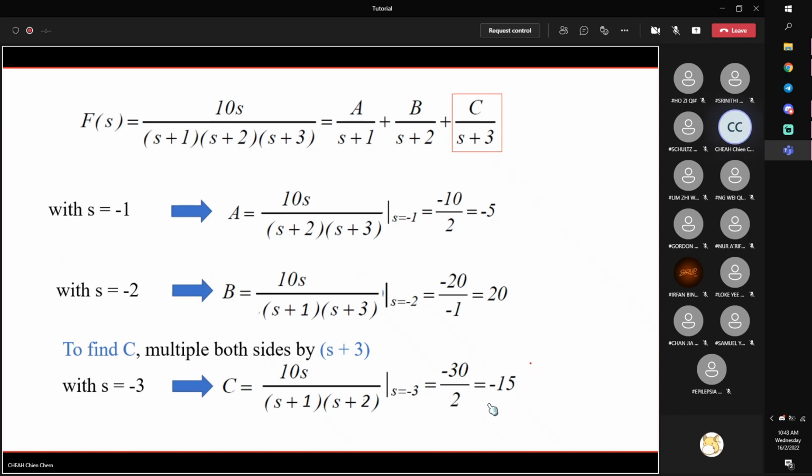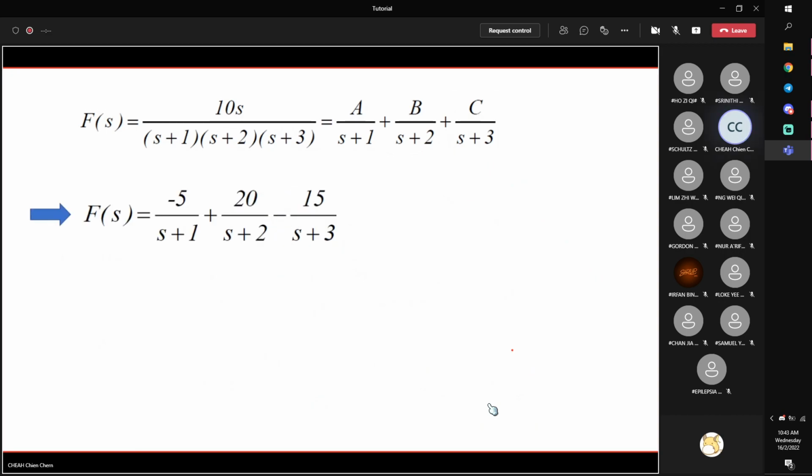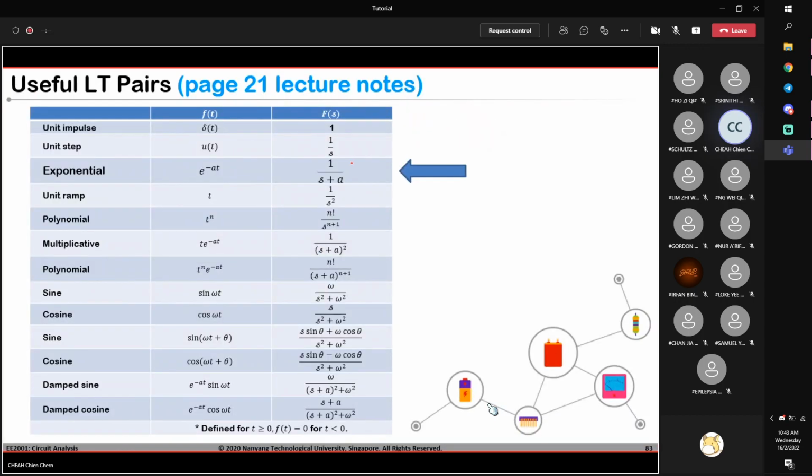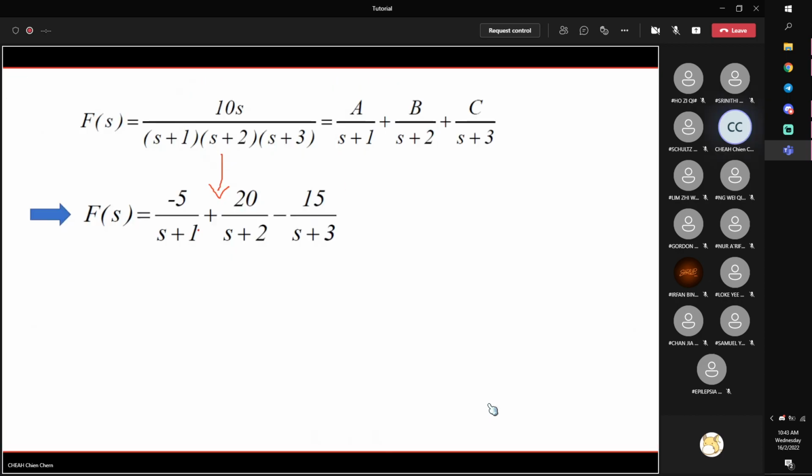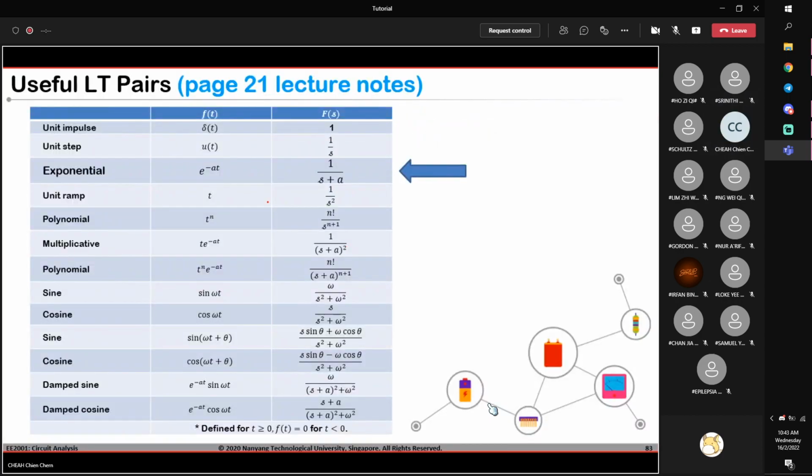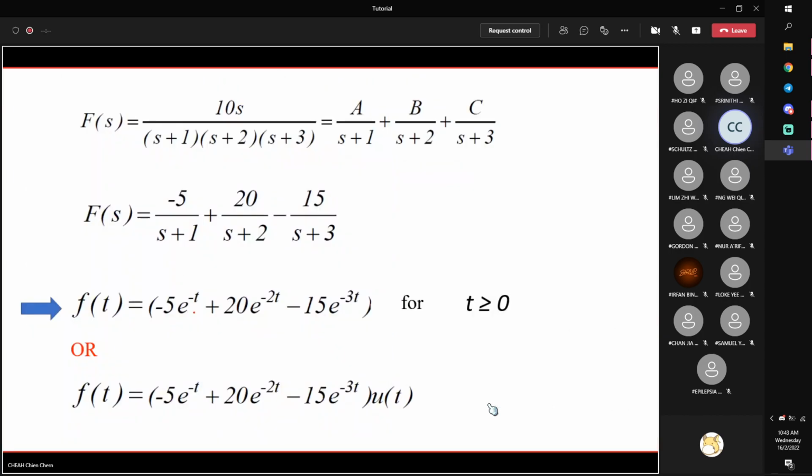In other words, I'm just trying to show you the partial fractions. By partial fractions, I can put this term as a linear combination of 3 terms, and all these terms can be found in your table: 1 over s plus a with a equal to 1, 2, and 3. This means that you have exponential terms with a equal to 1, a equal to 2, a equal to 3.